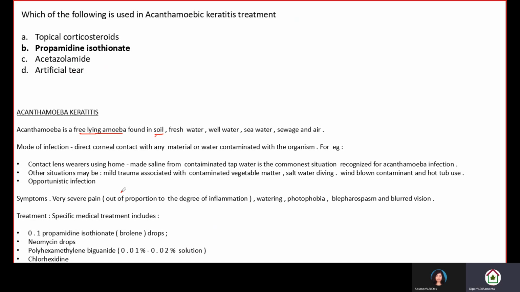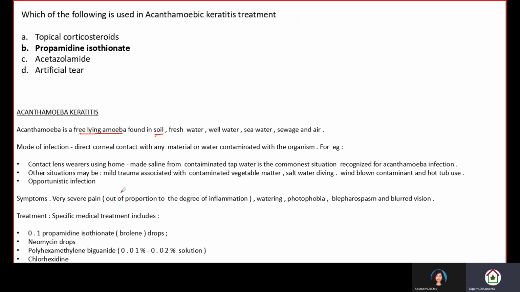For example, we use fresh water or well water to clean the face or freshen up the eyes, especially in village areas. If acanthamoeba is present, there can be acanthamoeba keratitis.